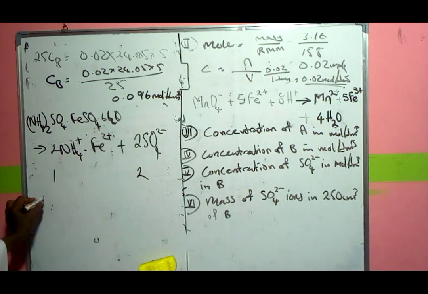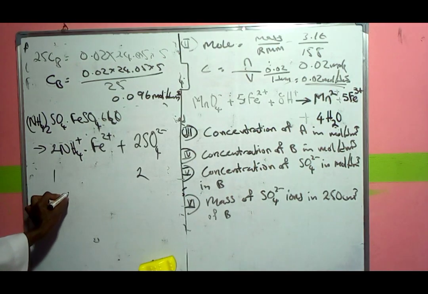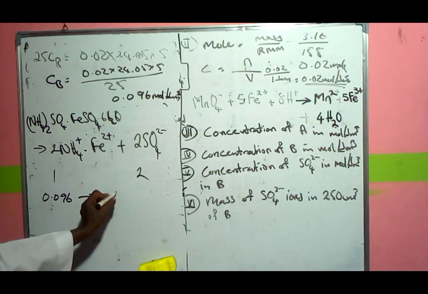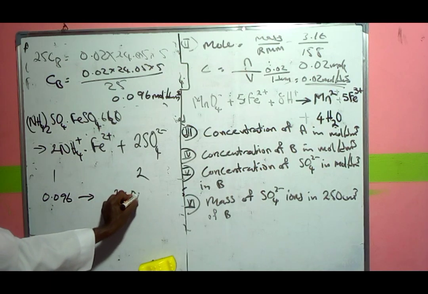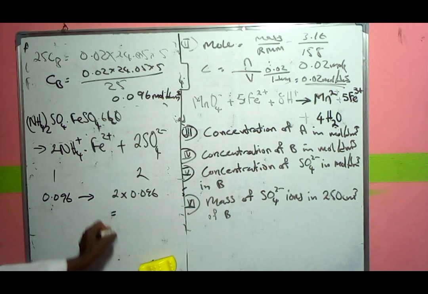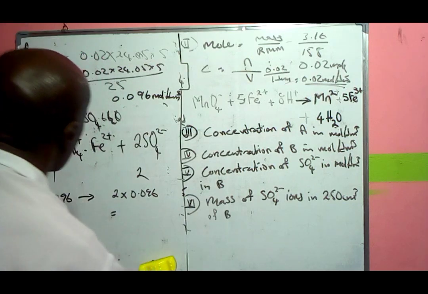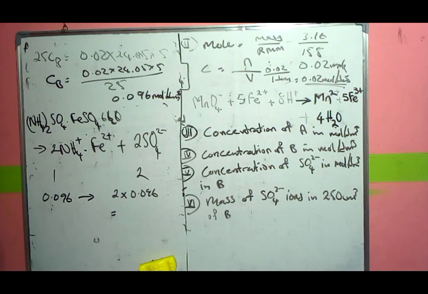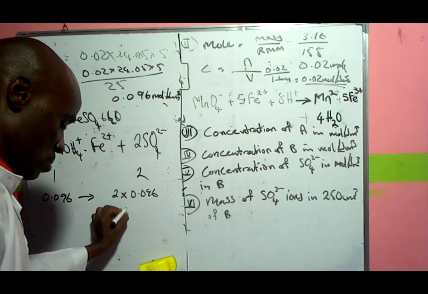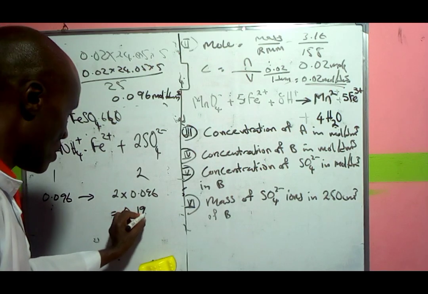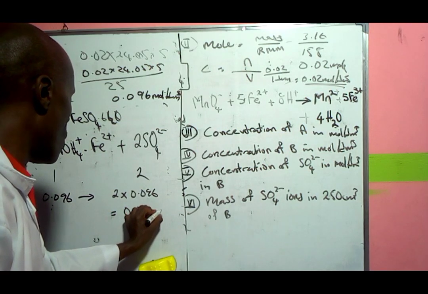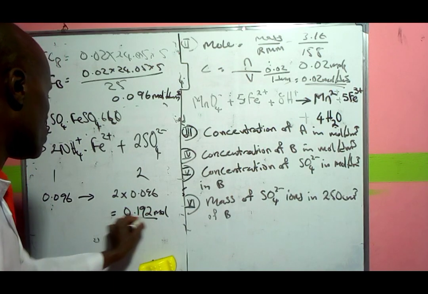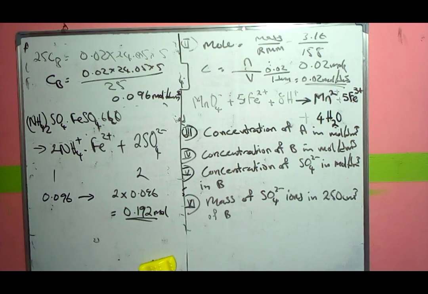So 0.096 mole will then be equal to 2 times 0.096, which gives 0.192 mole. So that is what we have for the tetrahedral sulfur 6 ion.